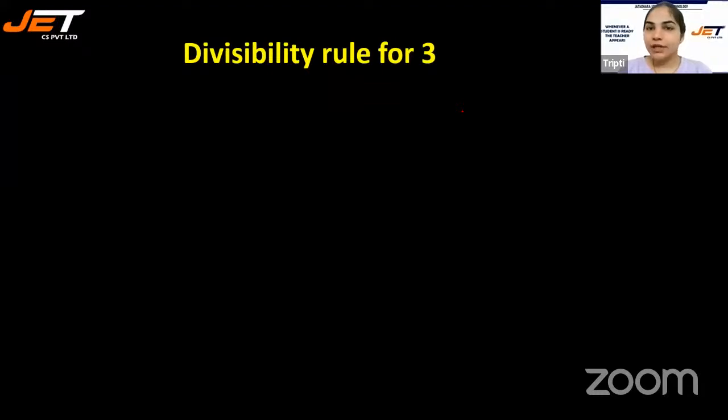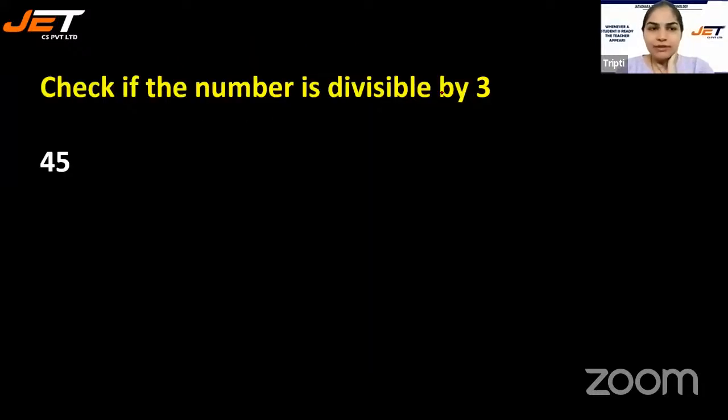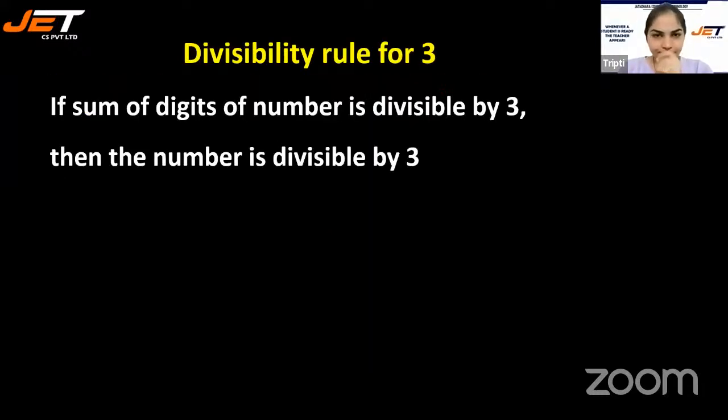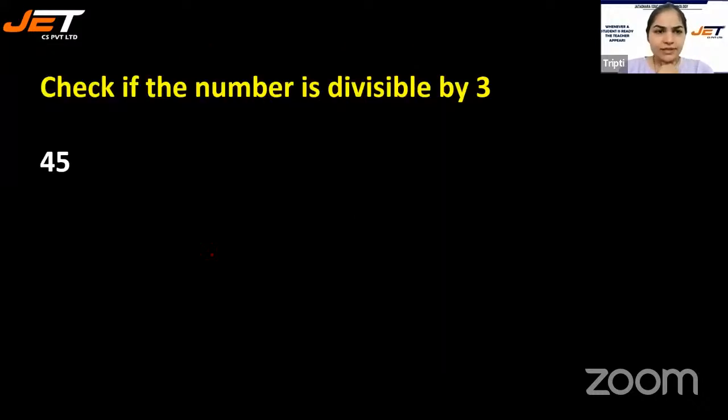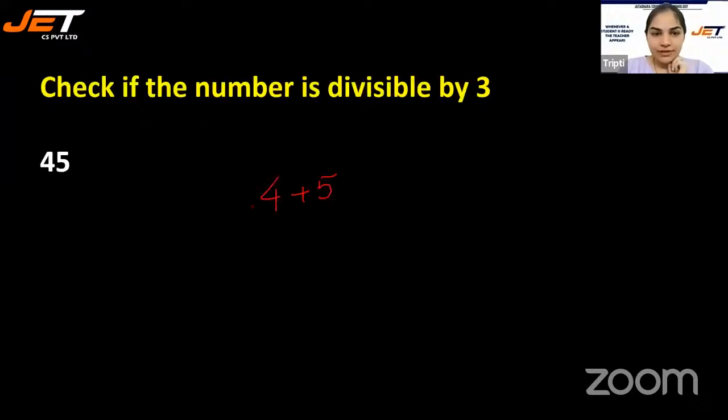Now, let's see the divisibility rule of 3. If the sum of the digits of a number is divisible by 3, then the number is divisible by 3. Now, what does it say? Let's say the number is 45. 4 plus 5. If you add up the digits and that is divisible by 3, that means the number is divisible by 3.